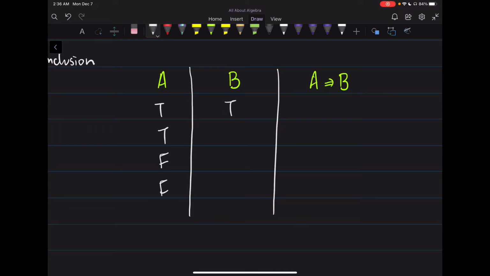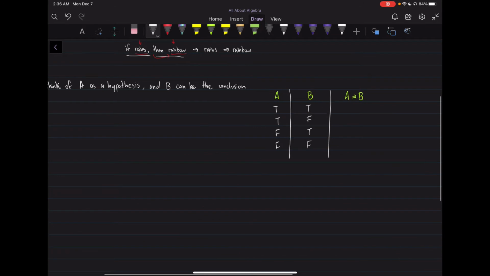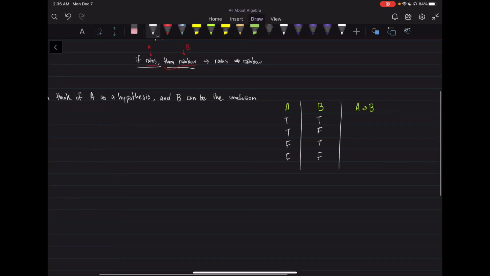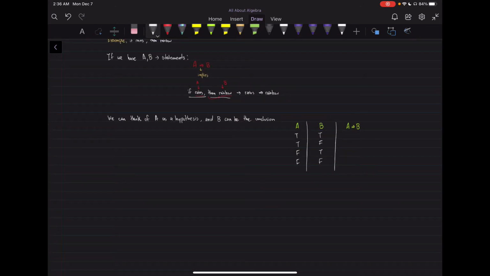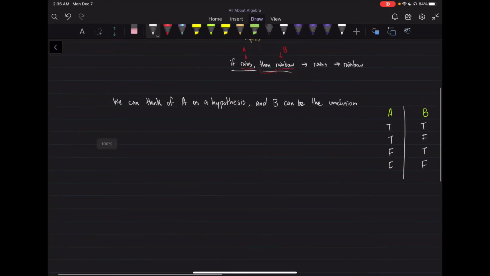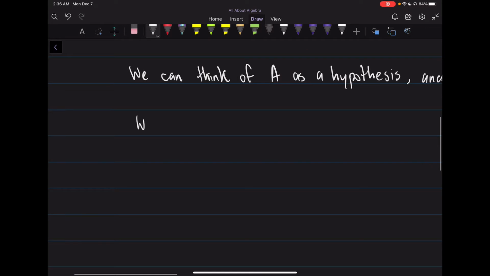So suppose I make a truth table like this, right? Well, I want to show you something cool. I want to show you a much easier way of proving, of showing implications.